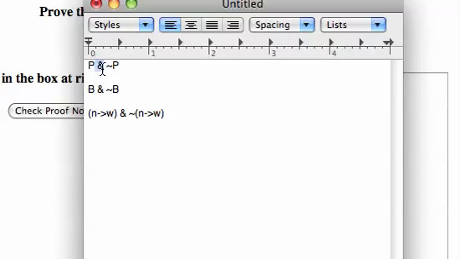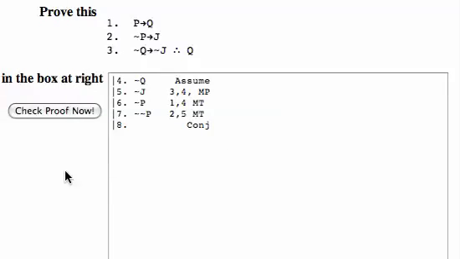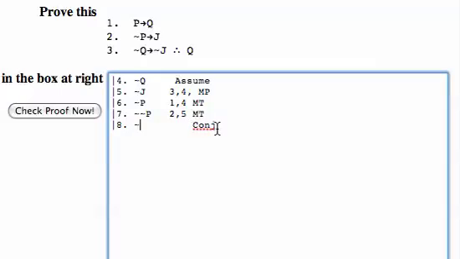To produce a conjunction, we use the rule of conjunction. We can combine any two lines. Here I'm going to combine line 6 with the negation of not P, right? So I can now say not P and not P. Contradiction, and it came from line 6 and line 7 by rule of conjunction.